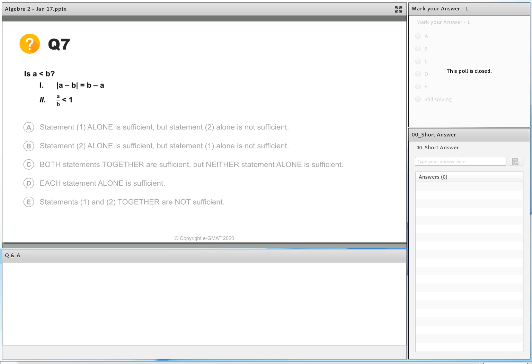Let me end the poll over here and broadcast the results. I see 27% of you have marked choice A, 30% of you have marked choice B, another 23% have marked choice D, and 11% of you think the answer for this question is choice E.